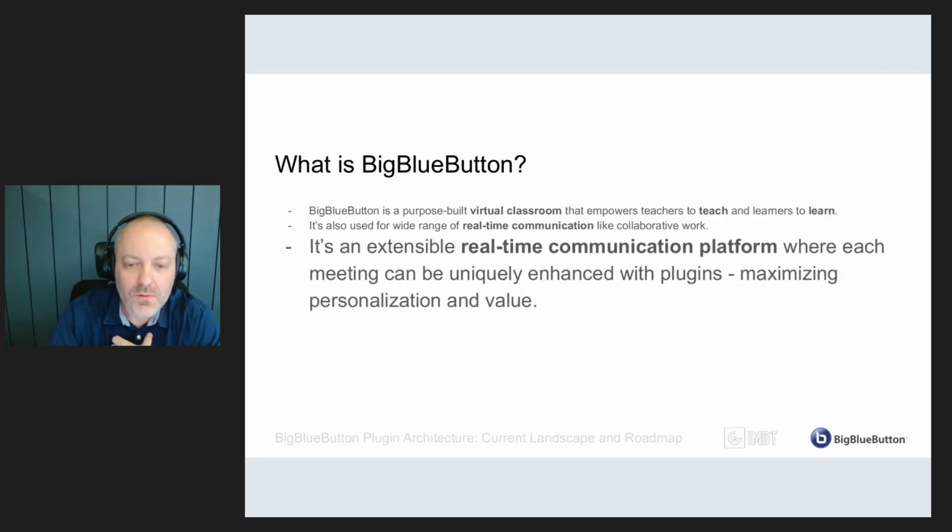Okay, so with the plugin architecture, we can say that BigBlueButton is also an extensible real-time communication platform where each meeting can be uniquely enhanced with plugins, maximizing personalization and value.